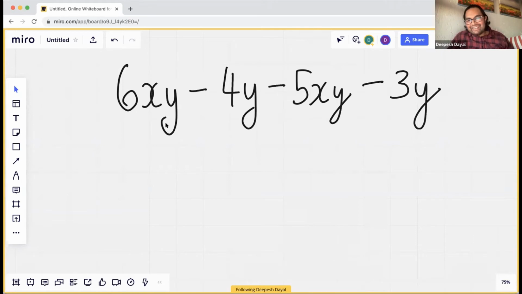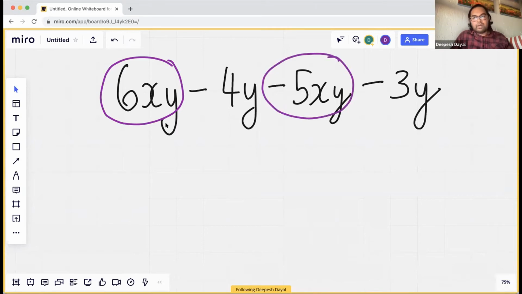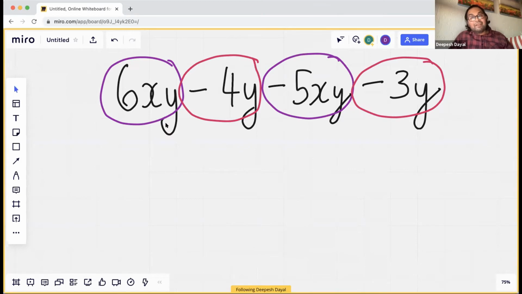So what is the answer? 1xy minus 1y. Okay, and remember I told you it's a bit tricky, this one. So let's see why. 6xy minus 5xy.